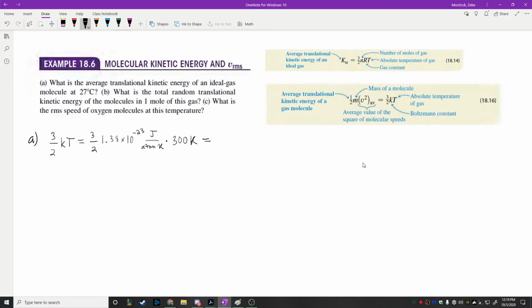What do you get? And then the units are going to be joules per atom, right?